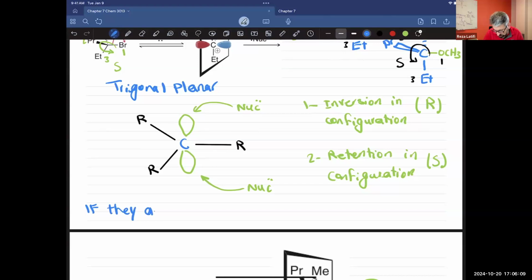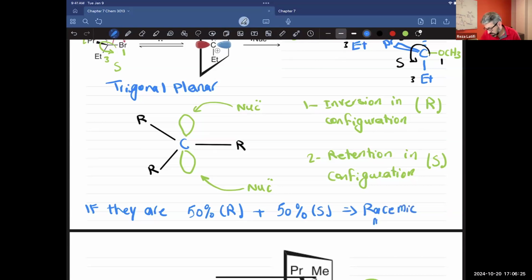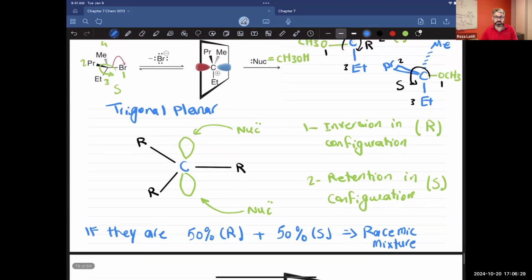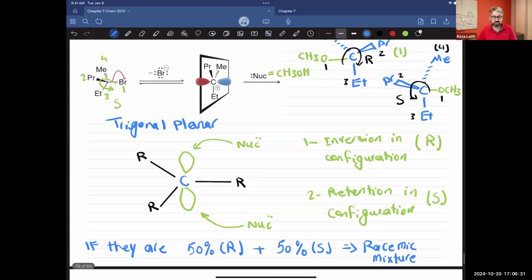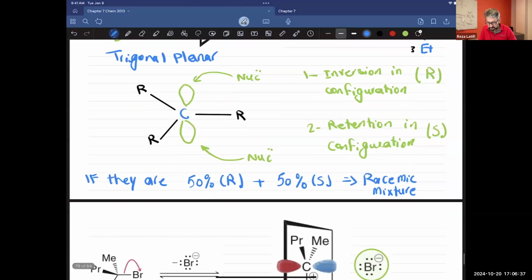If they are 50 from R plus 50 from S, then I will get a racemic mixture. What does it mean? It means no optical activity. I should not see any change in the direction of the polarized light. Okay, let's go after this one and try to answer it.